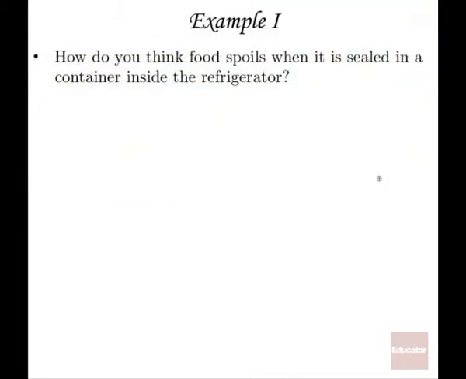So the first example, or the first question, asks us, why do you think food spoils? What happens? What causes food to be spoiled? Now remember, our first lecture, there's no such thing as spontaneous generation. So we can't just spontaneously have organisms show up in our food. So there are various ways and reasons. Certainly the air in the container can have microbes. The food can have microbes.